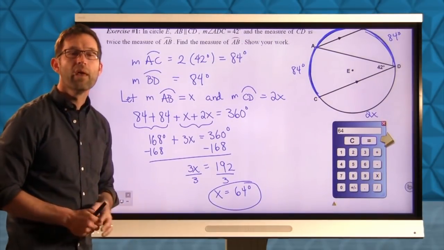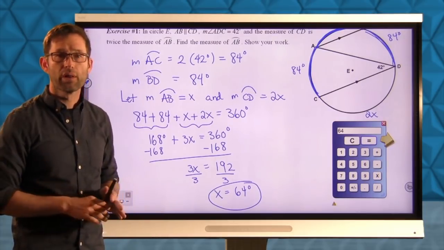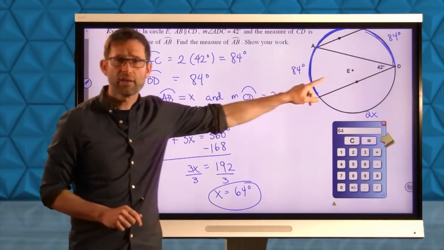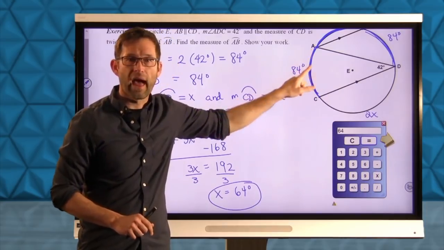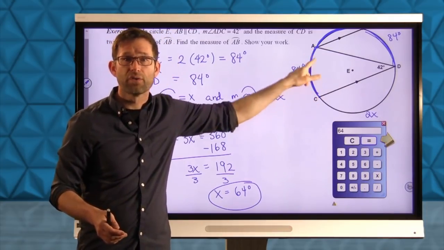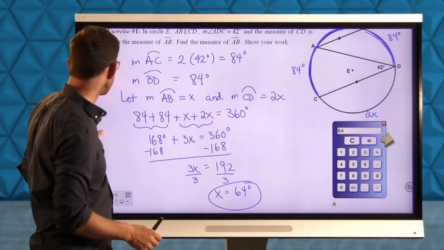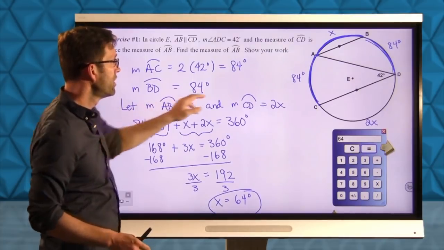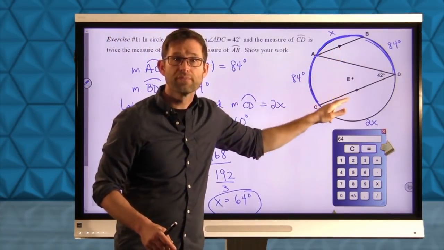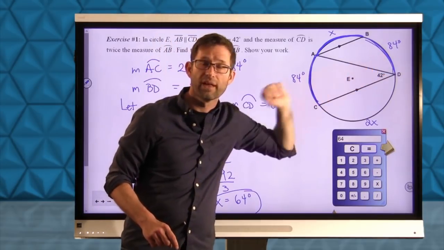That's the whole deal. And that actually uses numerous properties of inscribed angles that we already learned. It used the fact that that inscribed angle had to be half of the arc that it intercepts, or of course you could say it as that the arc that's intercepted must be twice the measure of the inscribed angle. It used the fact that two parallel chords intersect arcs that have the same measure, so if that's 84, that's 84.